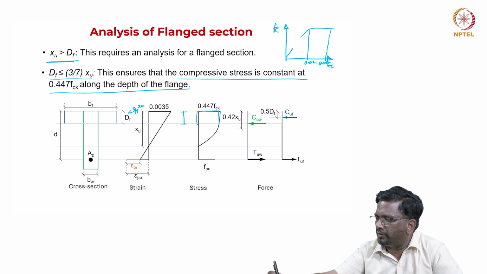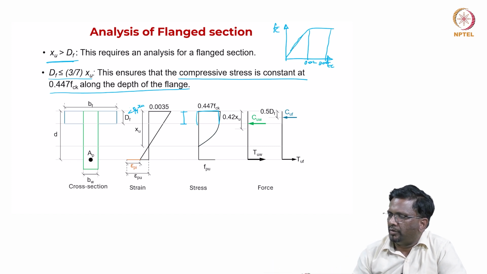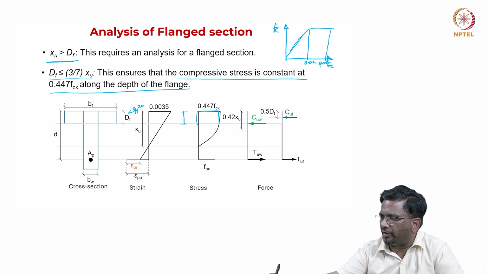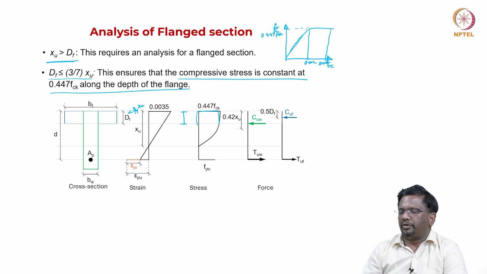So, for strain higher than 0.002, the stress is going to be 0.447 FCK.